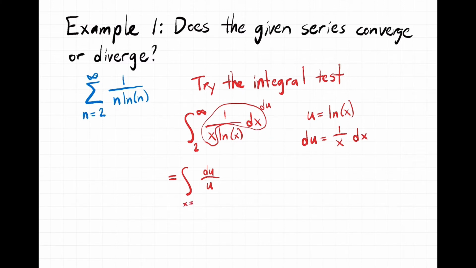So let's say x equals 2 to x equals infinity. I could say x goes to infinity, but whatever, it's fine. And this is the easy integral. The solution is we end up with the natural log of the absolute value of u, going from x equals 2 to x equals infinity.